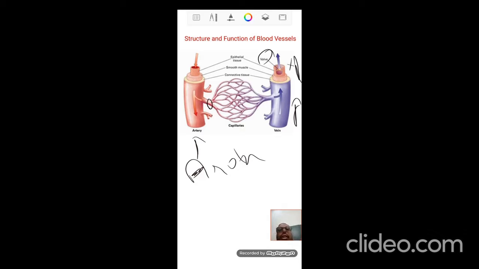In order to stop that, they have valves. Arteries don't have valves because the blood is pumped from the left ventricle, and here the blood has to flow very smoothly all over the body. So here we don't want valves, but in veins we need valves because the blood should not be brought back.